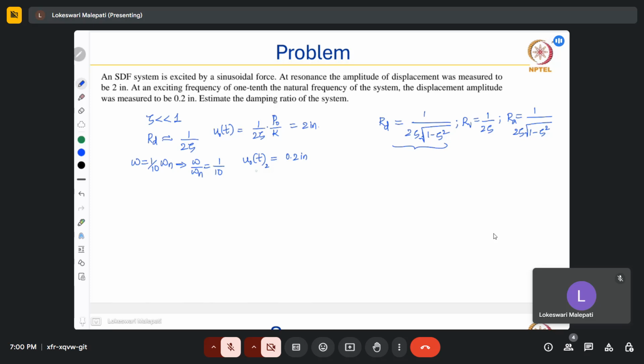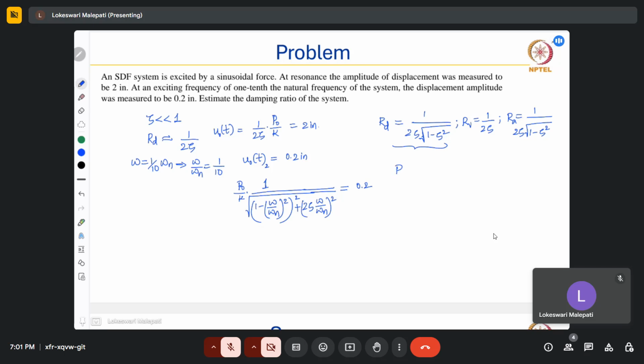So for any other ratio, we know that this amplitude will be p naught by k multiplied by 1 by square root of 1 minus omega by omega n the whole square plus 2 zeta omega by omega n the whole square. So this is equal to 0.2.